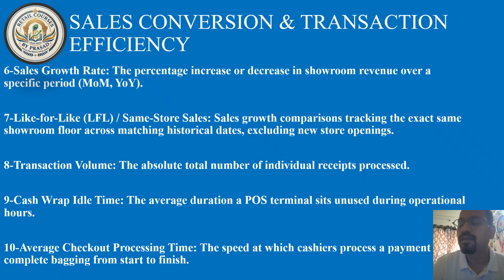Nothing but your billing system. Then average checkout processing time, the speed at which a cashier processes a payment, completing bagging from start to finish. So this is also like a transaction time. How much time is your cashier taking to bill the things? It's a very simple way.